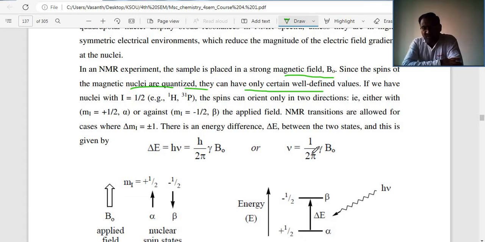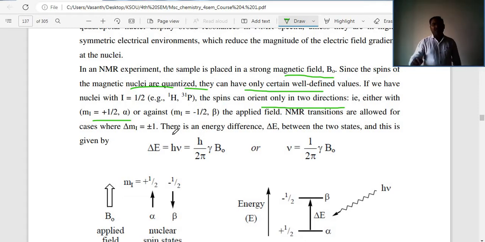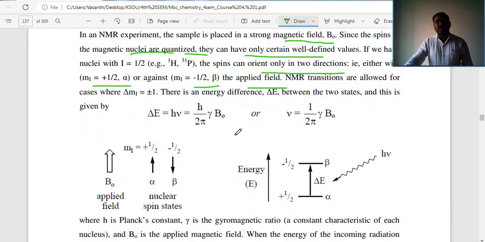If we have nuclei with I equal to 1/2, the spins can orient only in two directions, either with mI equal to plus 1/2, alpha, or against, mI equal to minus 1/2, beta, the applied field. The NMR transitions are allowed for cases where delta mI is equal to plus or minus 1.